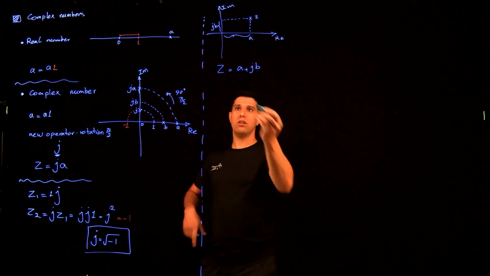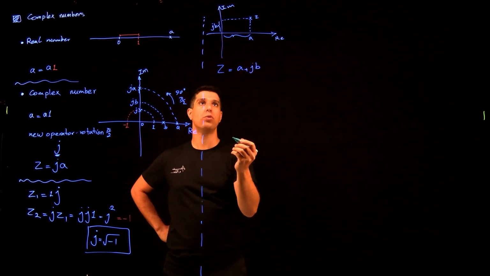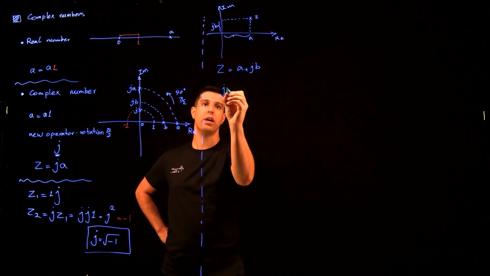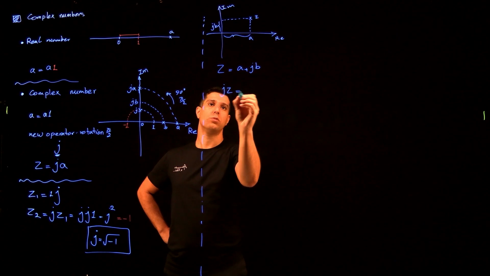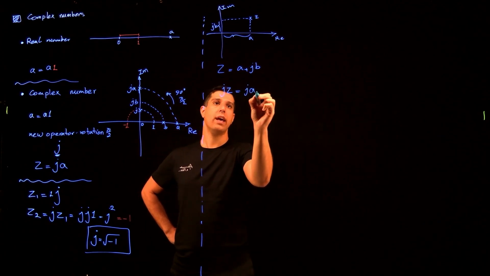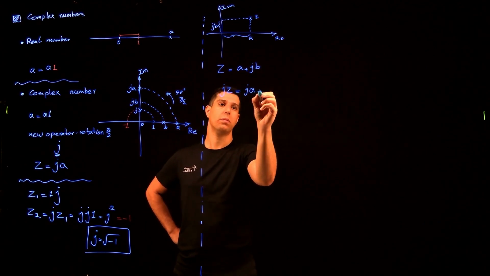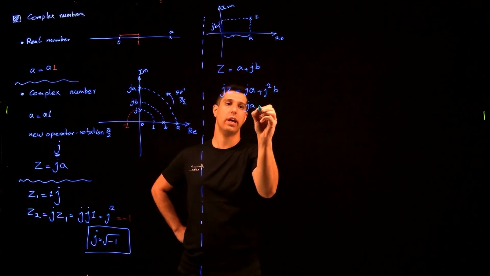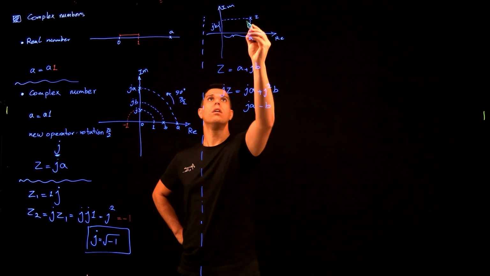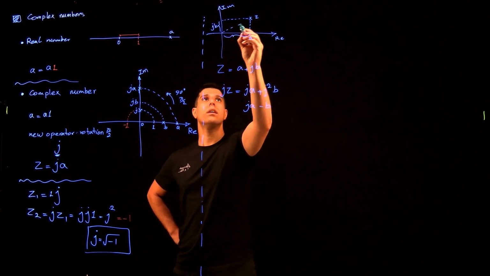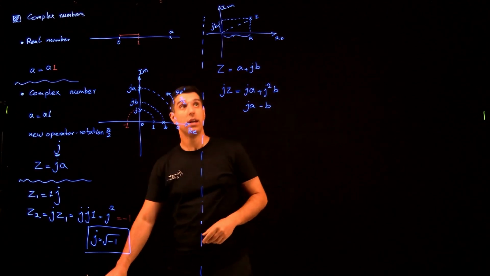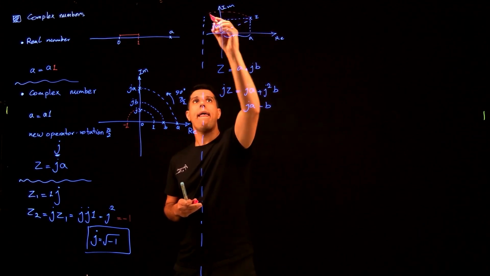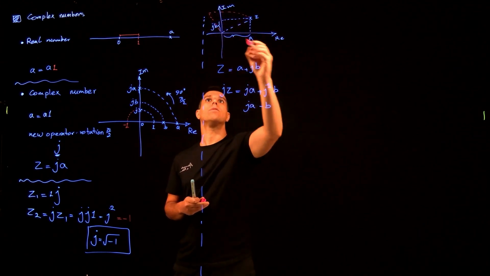And needless to say, you can try to do anything with this number. For instance, you can multiply by J, which becomes JA plus J squared B, which is JA minus B, and that is a 90-degree rotation of this point.